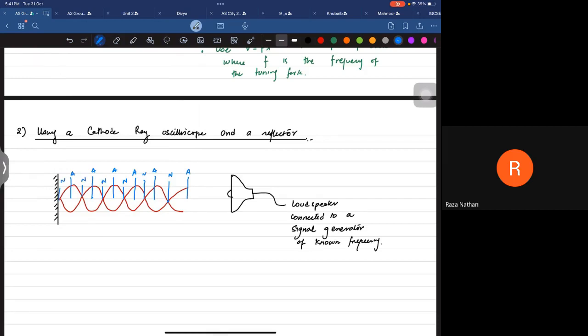Okay, kids. Now what you need is a CRO like that. The CRO is connected with a microphone like that.